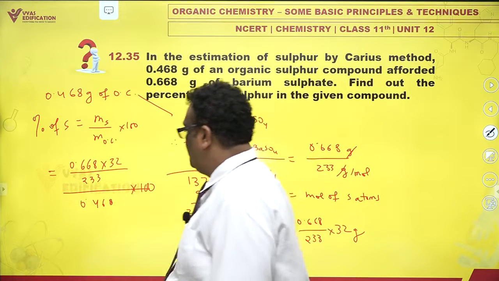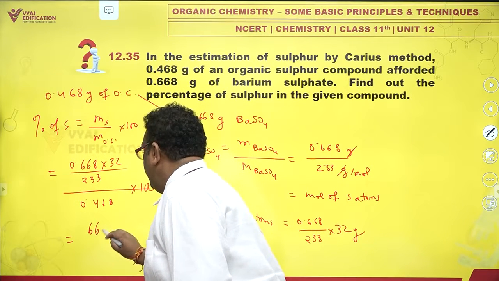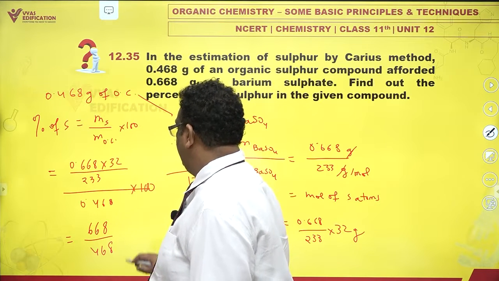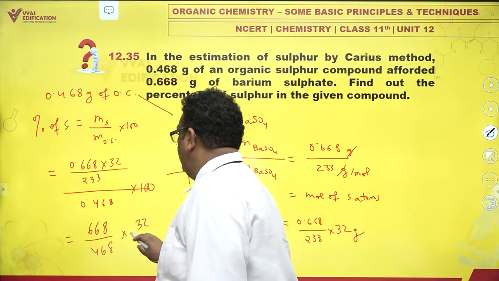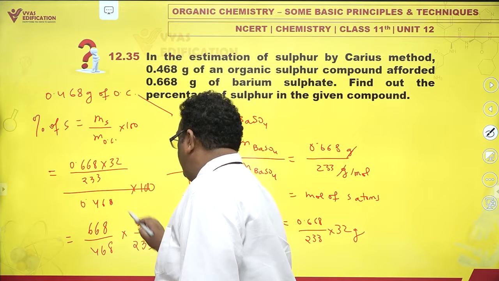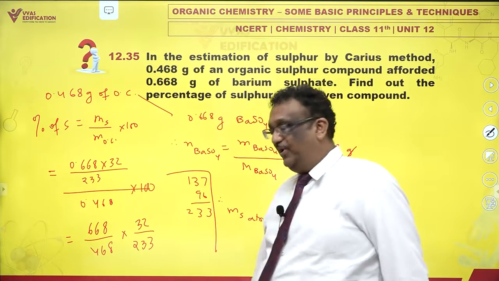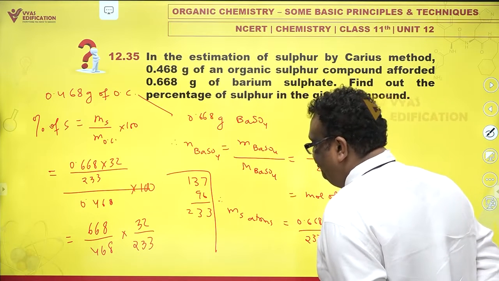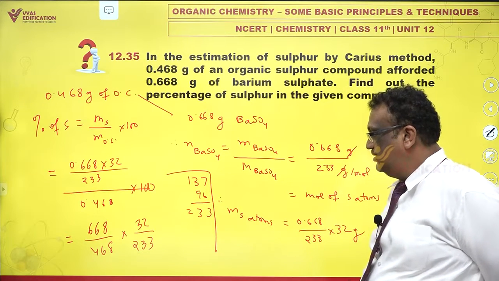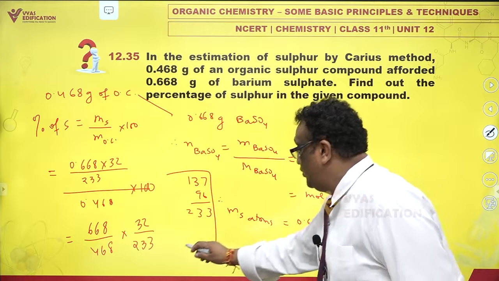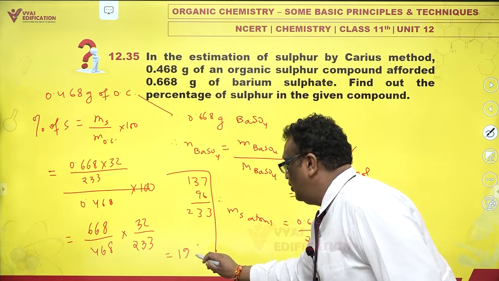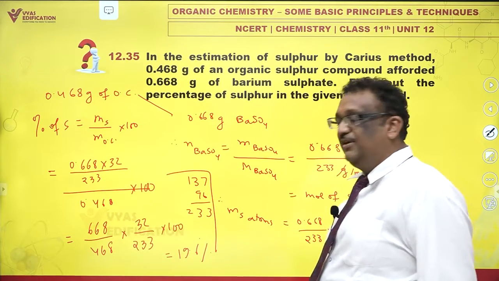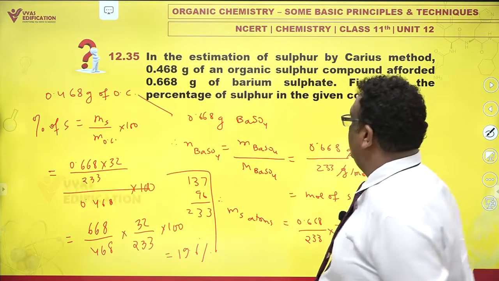How much does that come out to be? Let's calculate. 668 by 468, into 32 by 233. Fine. How much does that give me? Let's give it a shot. If you are accurate enough, you'll get 19.6%, of course into 100. This gives you a value of 19.6%.